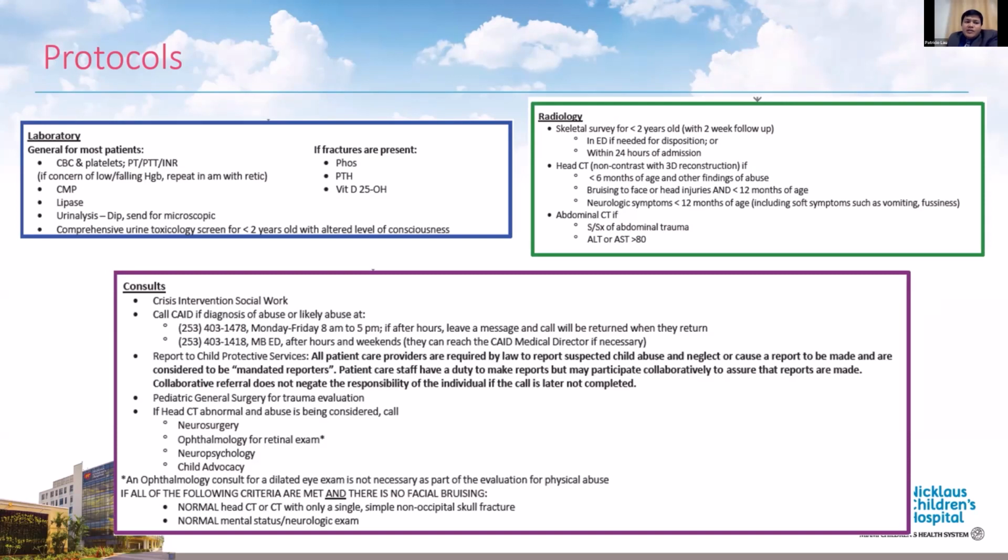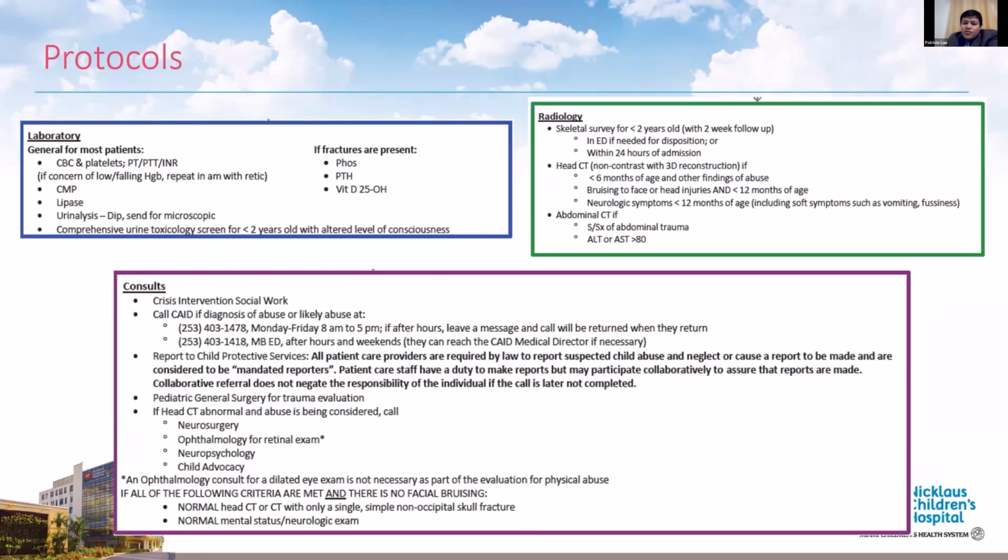You get a CMP to look for the liver enzymes, a lipase, and a UA, like we mentioned earlier, to look for hematuria or myoglobinuria. In children that have fractures, you would also get a phosphate, a PTH, and a vitamin D level.